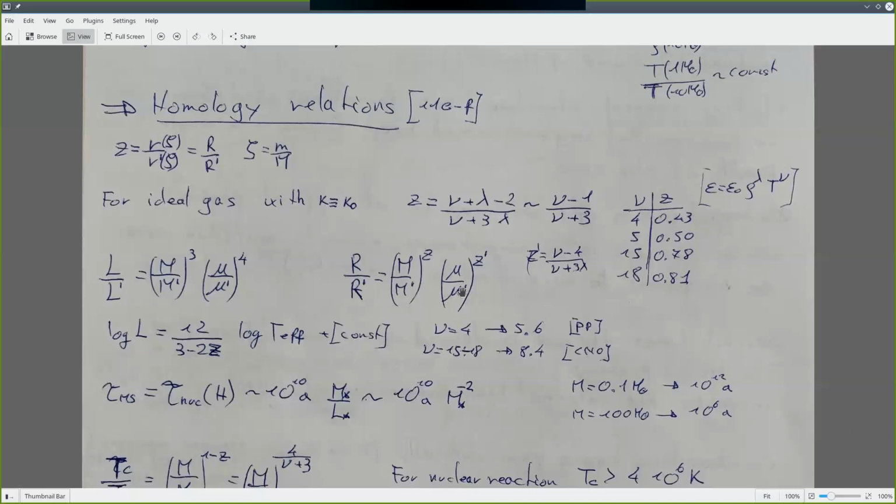If you put together, knowing the luminosity depends on the radius and the effective temperature, we can have a relation among the logarithm of the luminosity of stars and the effective temperature.